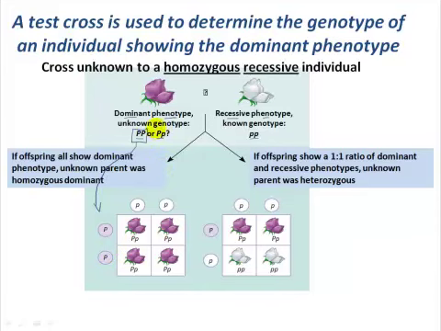The other scenario, if that purple flowered plant was heterozygous, they would be able to produce two different types of gametes, purple allele gametes and white allele gametes. And so the offspring that we would get under scenario 1 or scenario 2 are going to be different from one another.